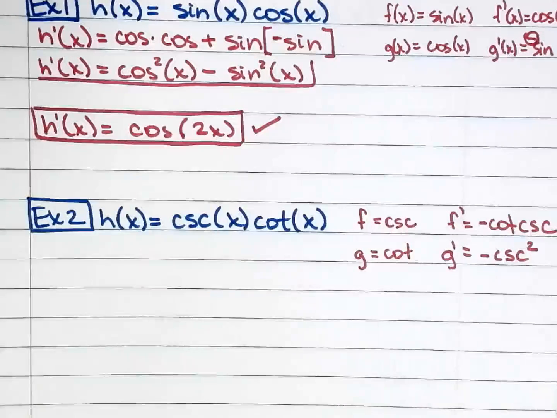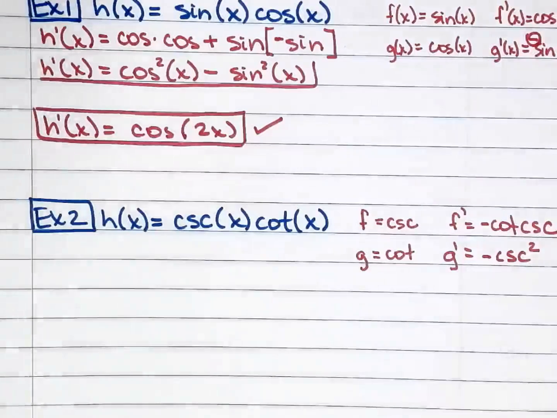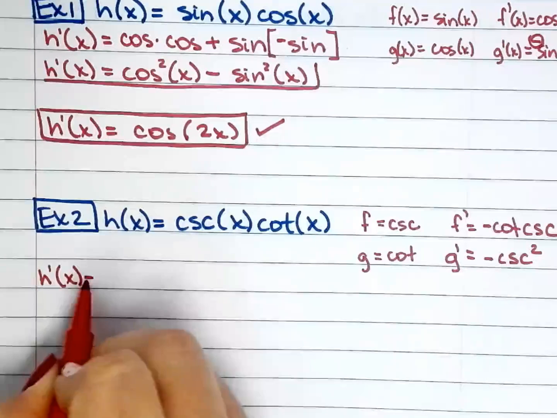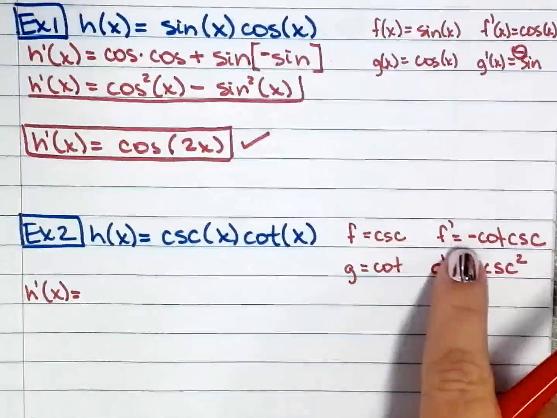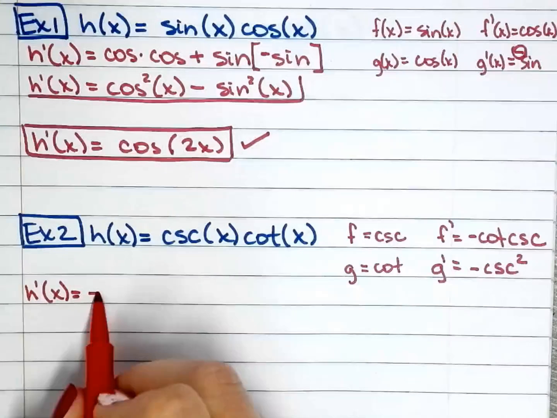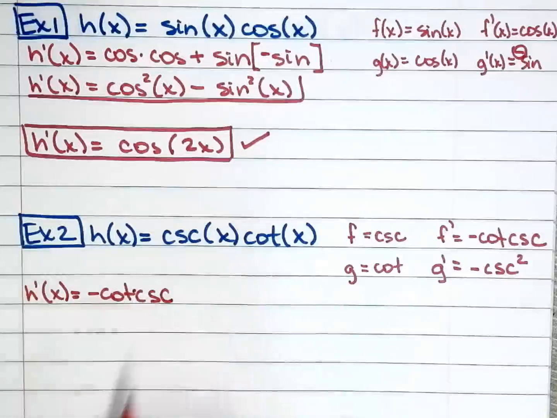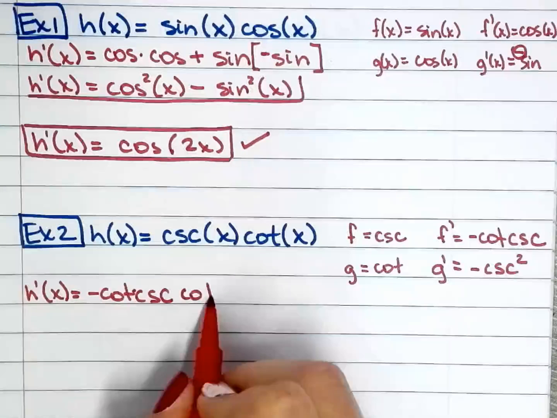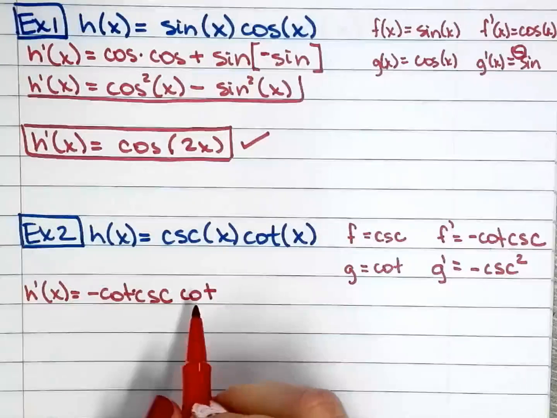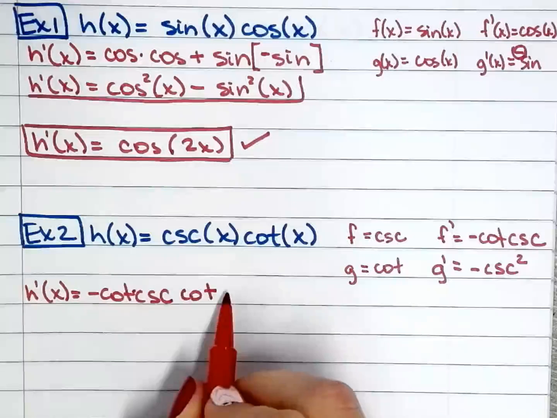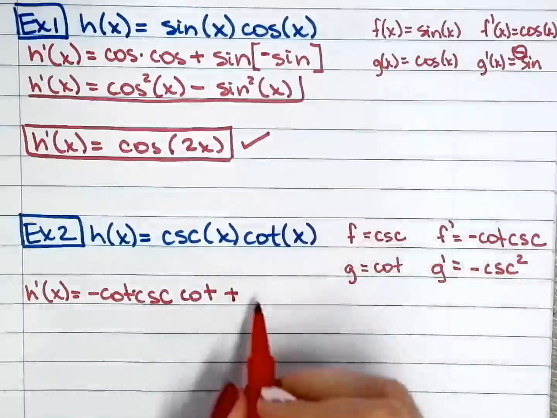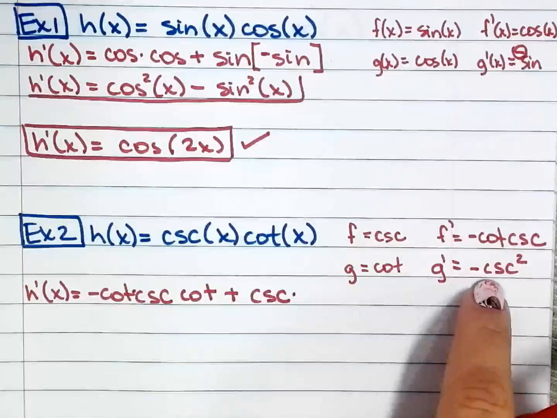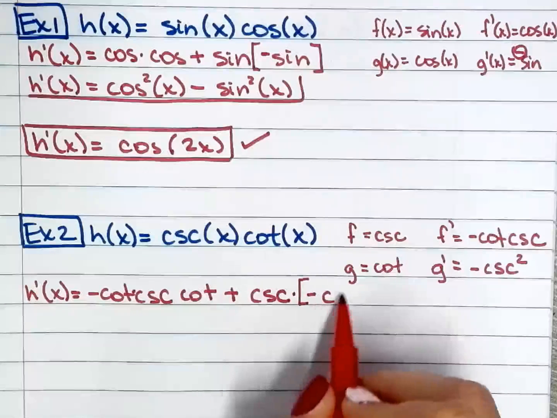So f prime is this whole thing right here, negative cotangent cosecant, times g, which is cotangent, plus f, cosecant, times the derivative of g, which is negative cosecant squared.